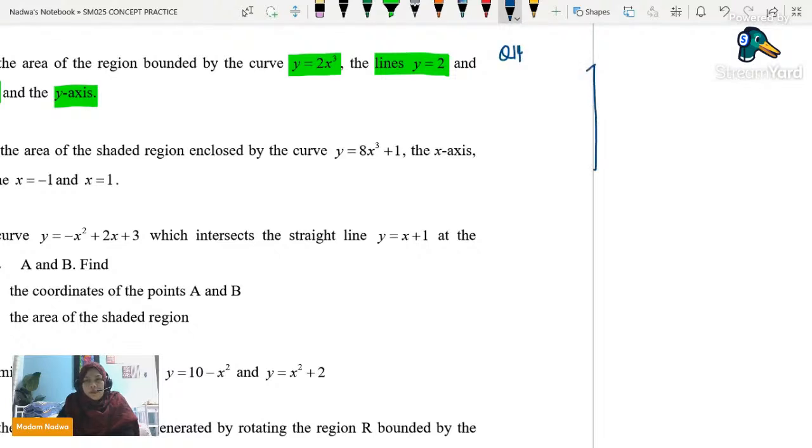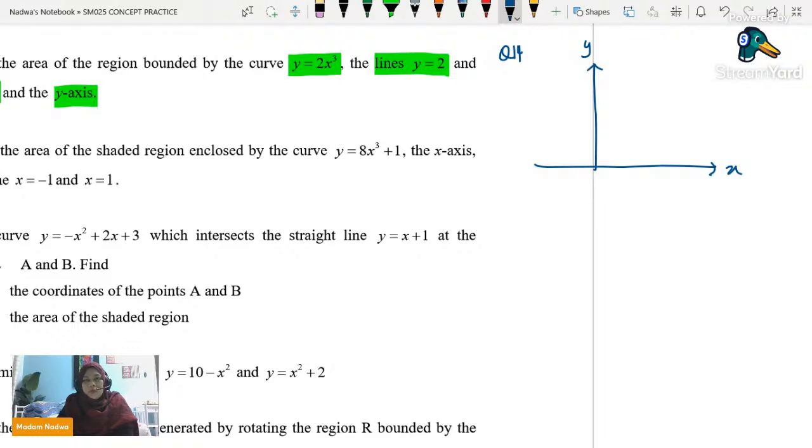So if I have a graph, I must need my x and y axis. Okay, so this is our x-axis, this is our y-axis, and we want line y equals to 2. So, ni y kan? So, y equals to 2 tu mesti dekat atas garisan paksi y ni. Tak boleh kalau kita kata y equals to 2 tu tiba kat x.